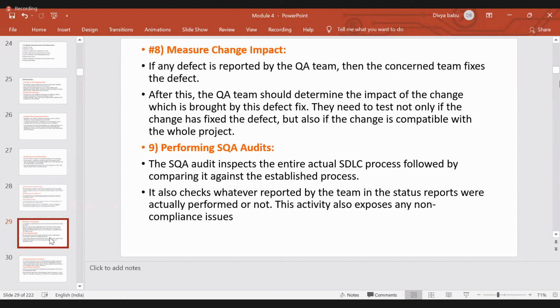You should check it. If there are any issues, you should report those issues. If there is any non-compliance, you should report that. That is the auditing part: SQA auditing checks whether the reported things are actually done by the team members.